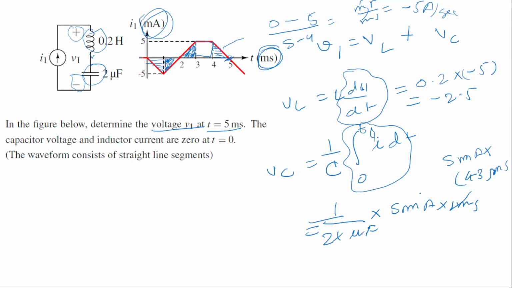The milli cancels, so it will be equal to 2.5. So VC is 2.5. Now the total voltage V1 will be equal to VL, minus 2.5, plus VC, plus 2.5, which equals 0. So the final voltage will be 0 in this case.